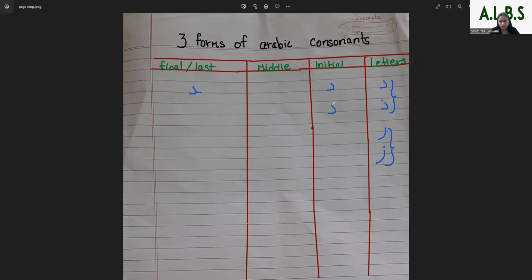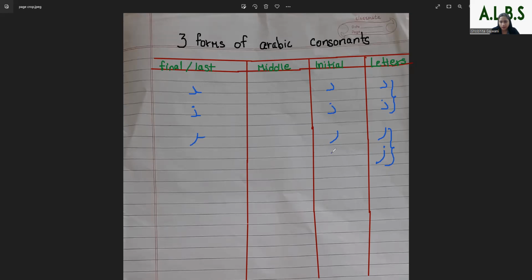Same in Dhal. There is just a need to put a dot, and the rest of it is totally the same. Now the next is Ra. The initial form of Ra is again the same structure, and in the final or last form it has the tail from its right side.